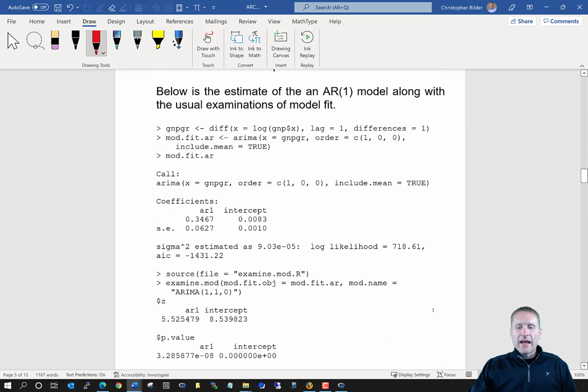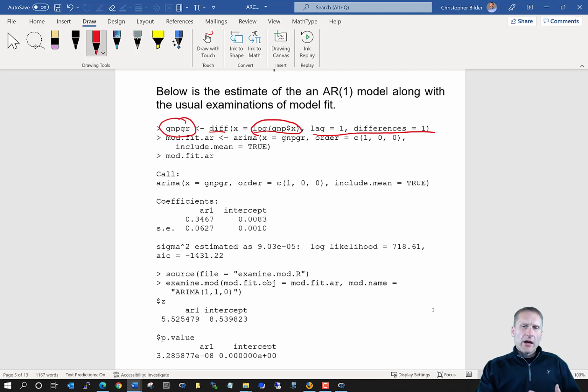So let's go ahead and estimate then the autoregressive 1 model with respect to this data. What I'm going to do is use the diff function here, where I'm going to take the log of x of t and find the first differences. Put that in an object called GNP GR.